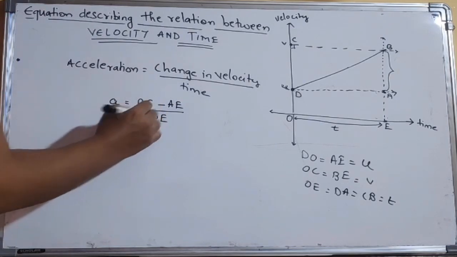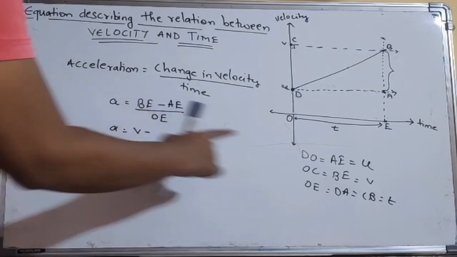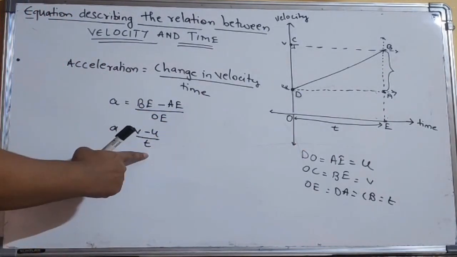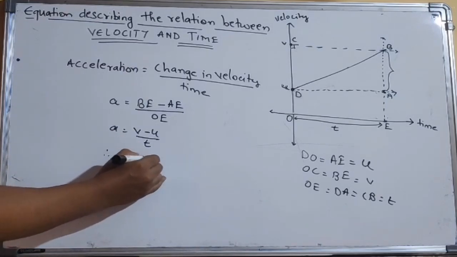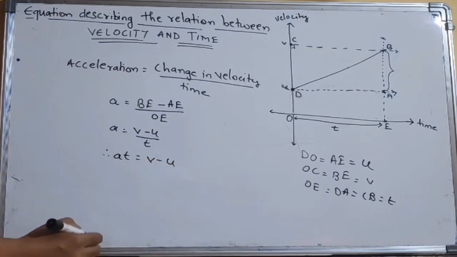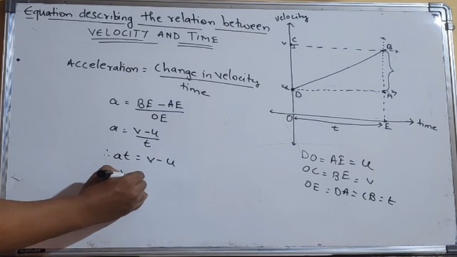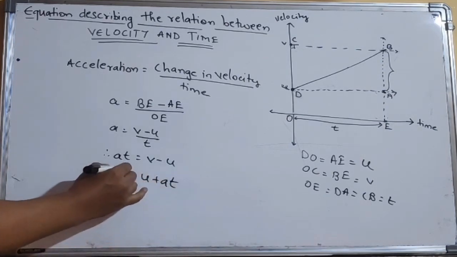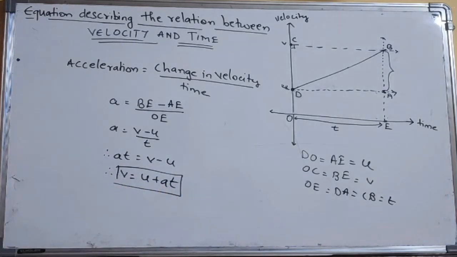So A is equal to, BE is V minus, AE is U, upon T. You multiply T over here, so you get A into T is equal to V minus U. Therefore, you take U to the other side, so you get V is equal to U plus AT. So this is your first equation of motion.